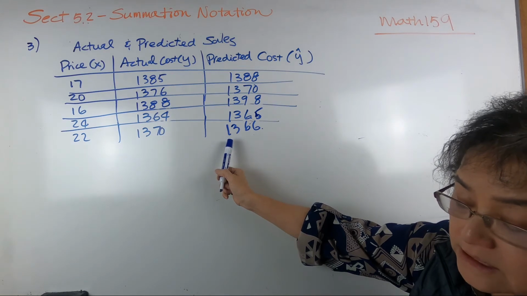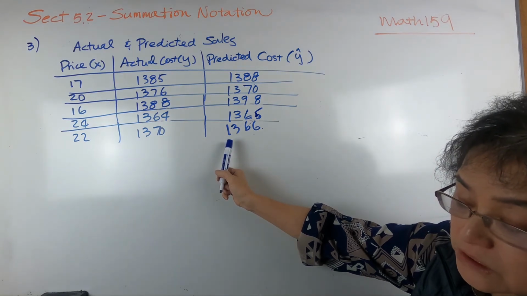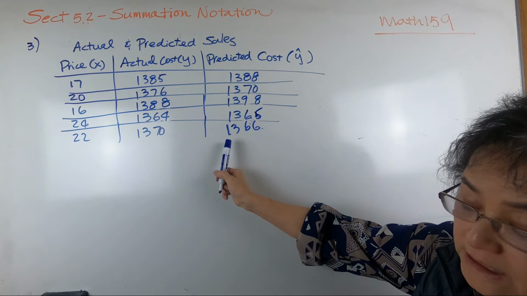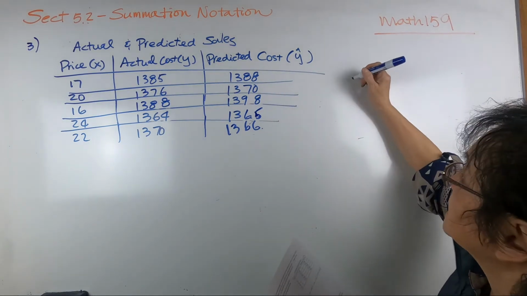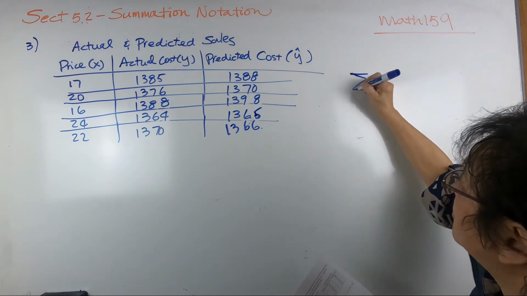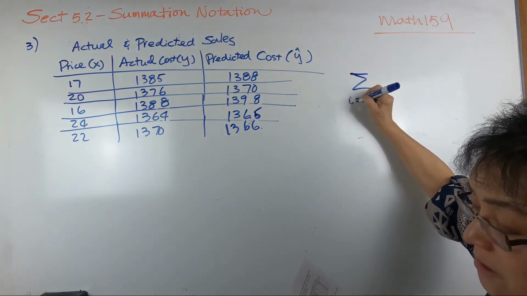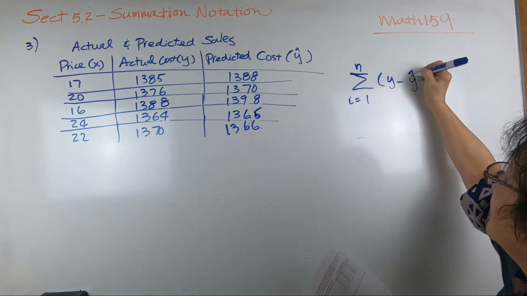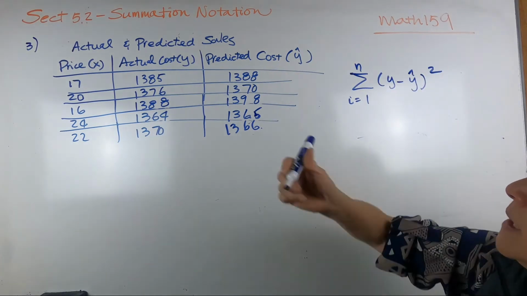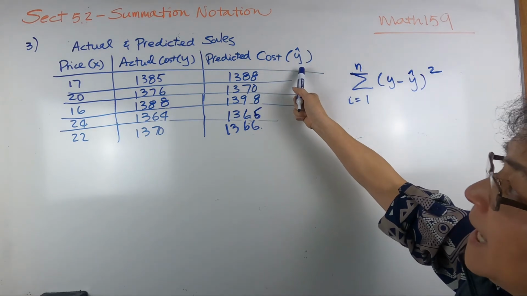Then it says the sum of square residuals is a statistic that is important in analysis and given by the formula. It gives you the formula sigma sum, i equals 1 to n, y minus y hat, to the square. Predicted cost is y hat.